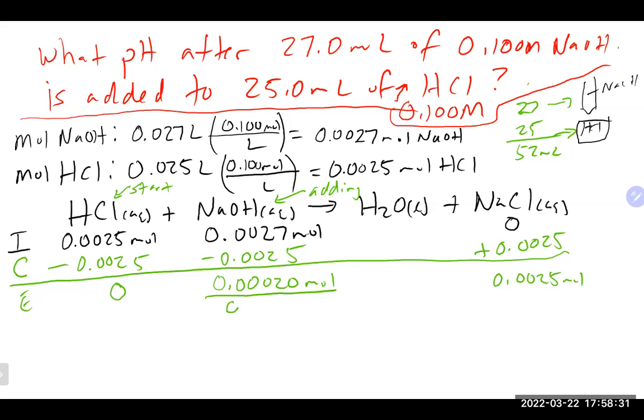which means we want to come back here and divide these guys by 0.052 liters. That is going to get me, call it 0.00385 molar, from 0.0002 divided by 0.052.